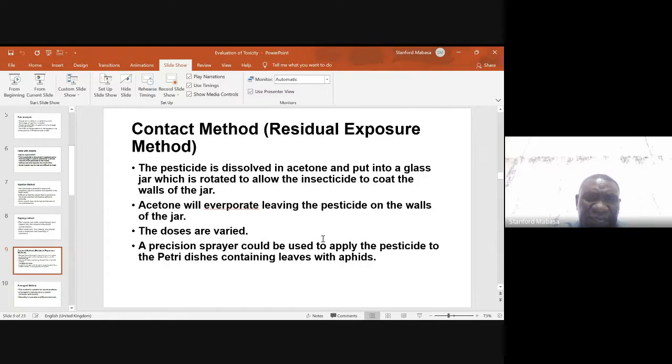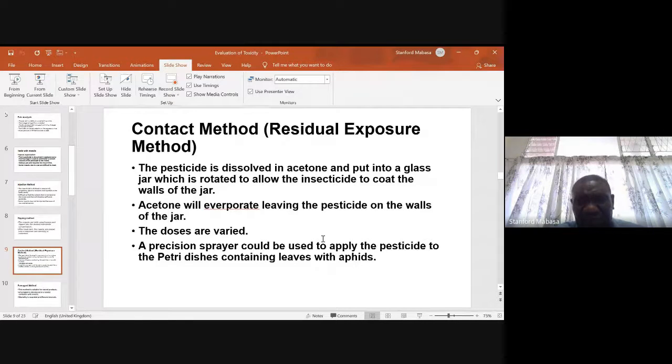The other one is the contact method or residual exposure method. Now with this one, you take your pesticide, again dissolve it in acetone and put it into a glass jar, which is rotated so that the insecticide will remain attached to the walls of the jar.